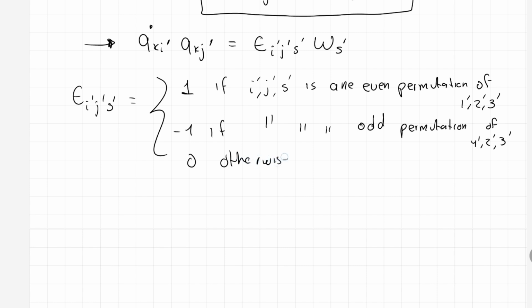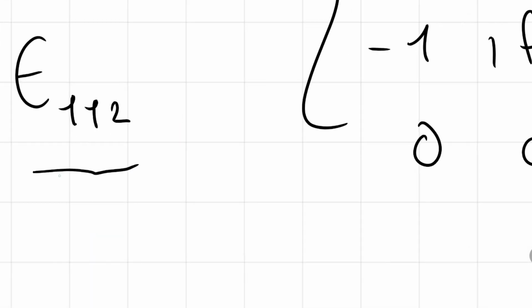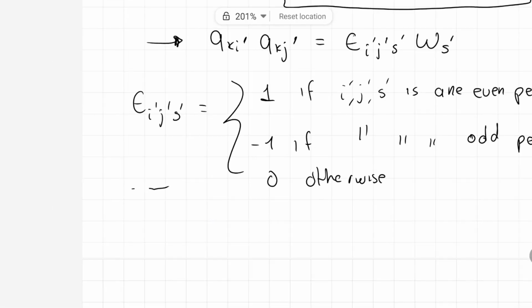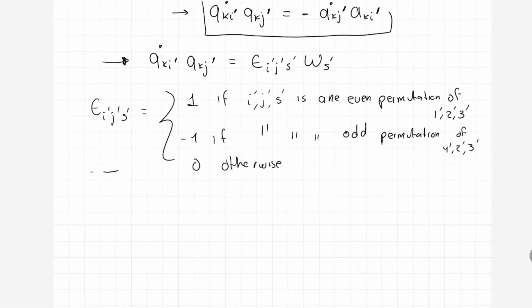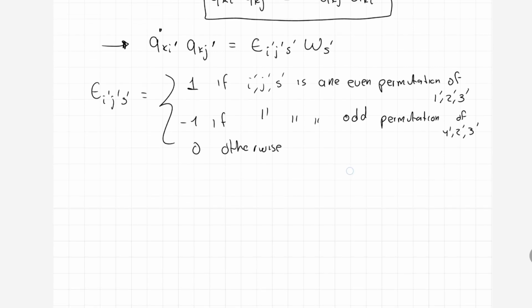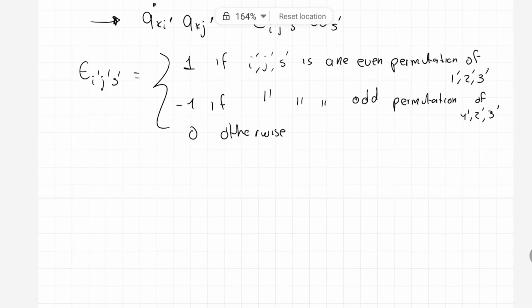This means that, for example, if we have epsilon 1, 1, 2, this will be equal to 0 because we are duplicating the number 1. If we have the number 2 twice, again, this will be equal to 0. And the same thing happens with the number 3. Perfect. So this will be the definition of the Levi-Civita tensor that is actually in the book that I'm using to explain this topic.